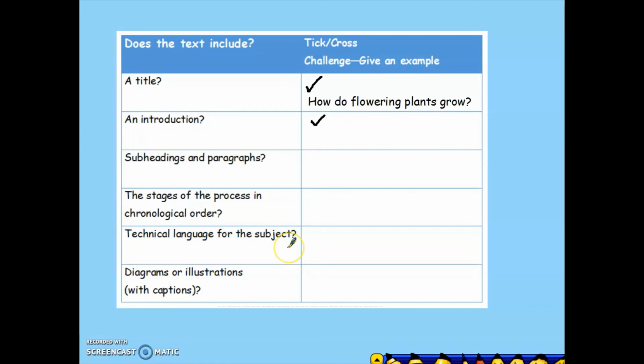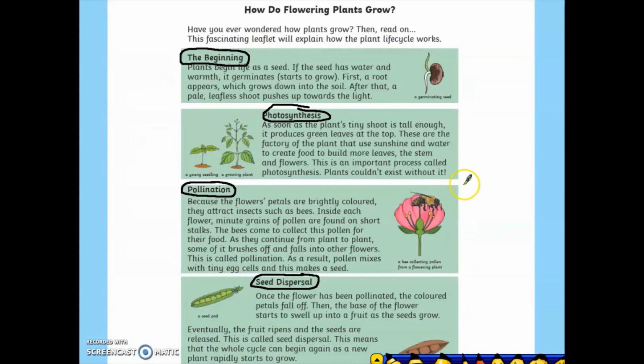The next one, technical language for the subject. We know this is an information text and it's about science and plants, so there might be some technical language in there, some scientific language. So I want you to underline any scientific language that you find. I can see germinates. That is a technical word. It's one of our words from Word-Aware.